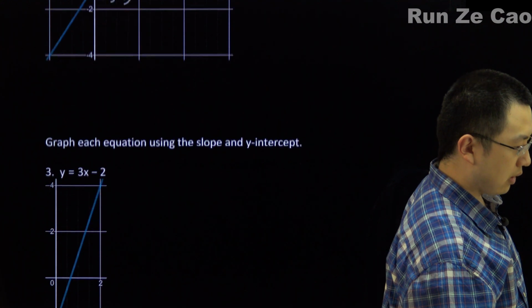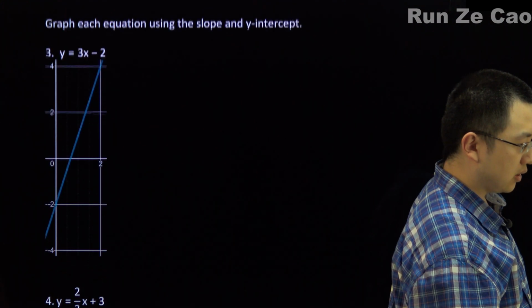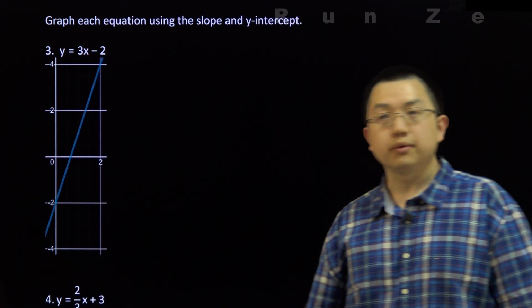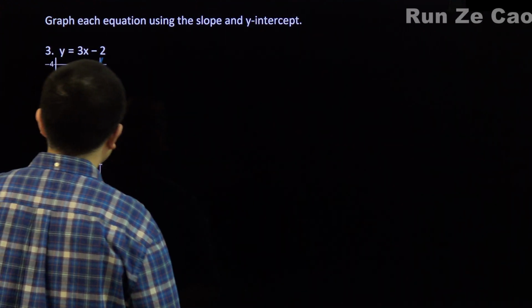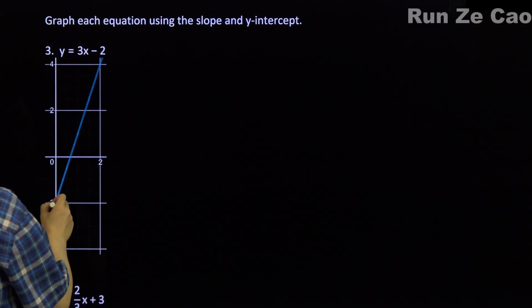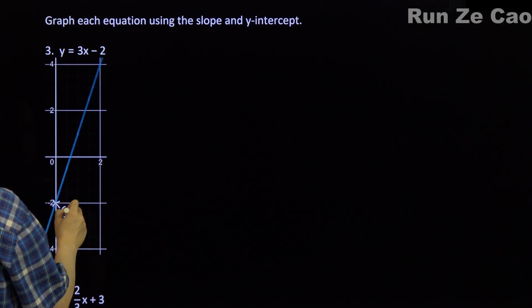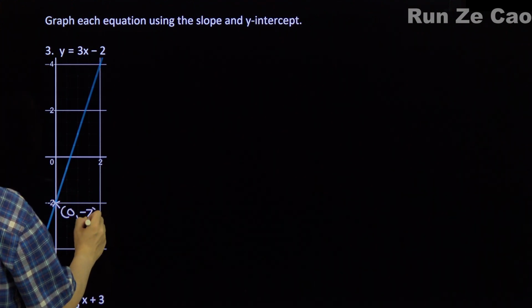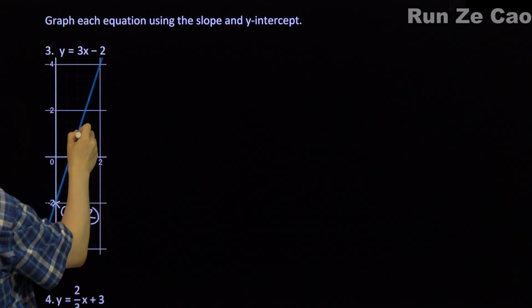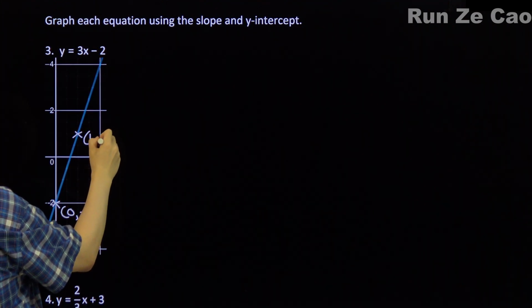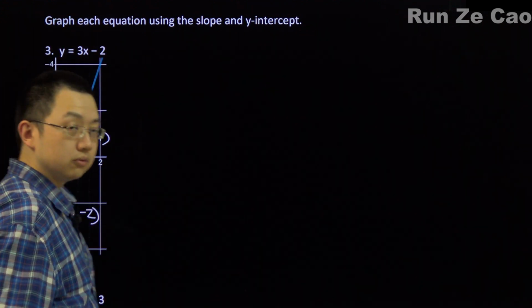Alright then, let's graph each equation using the slope and y-intercept. Y equals 3x minus 2. Well, that would begin at 0, negative 2, and we could go for just 1, 1, and then draw a line through.